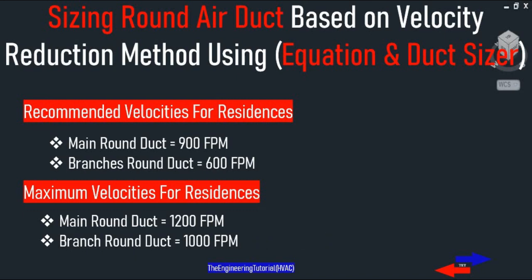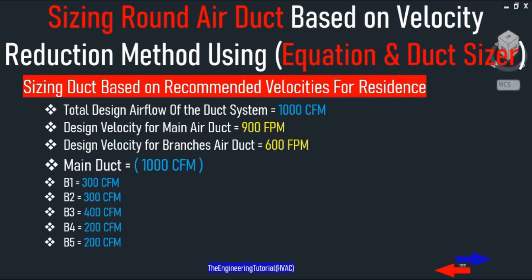Let's say we have a design airflow rate of 1000 CFM and we have been asked to find the diameter of the main round duct and all branches at recommended design velocities of 900 FPM for the main duct and 600 FPM for branches.